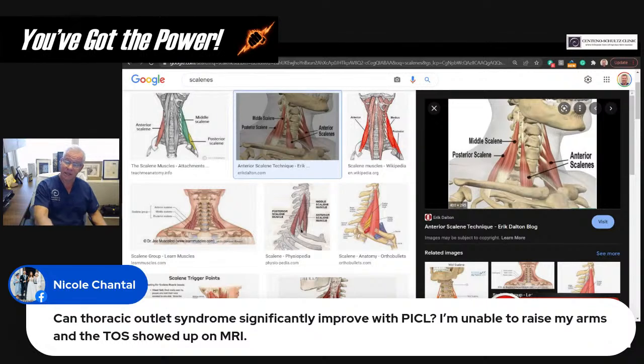So if you've got CCI and all of that up there is moving too much, and the scalenes jump in to try to help stability, but they're not designed to do that, that's going to reduce the size of the thoracic outlet here, which is then going to lead to symptoms. Now, if we get rid of the instability up here, the scalenes don't have to do that as much, so they're going to not be tight all the time. So that's the relationship.